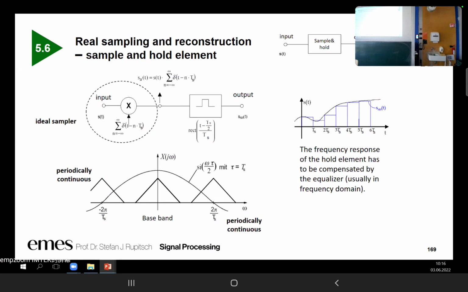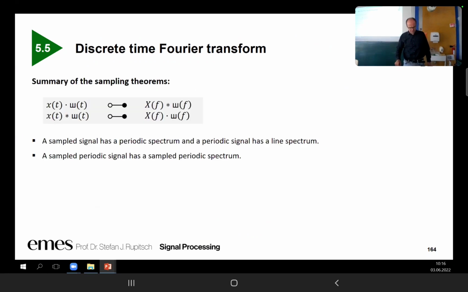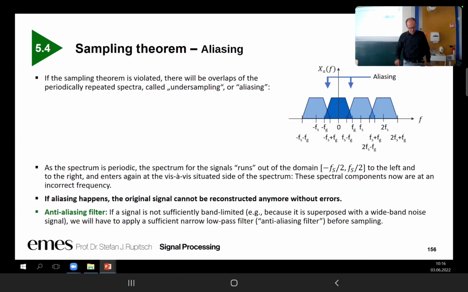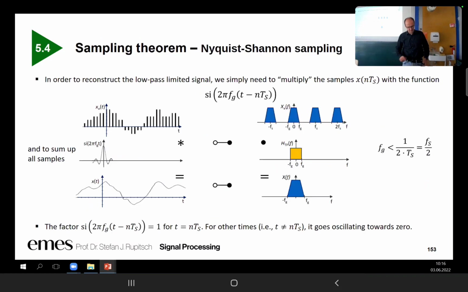If we have these weighted Dirac pulses, if you think about the reconstruction procedure, let's go back a few slides and take a look at this. Here, the reconstruction procedure: we have our sampled version, and how can we reconstruct the original signal from this sampled version? By carrying out a low-pass filtering.